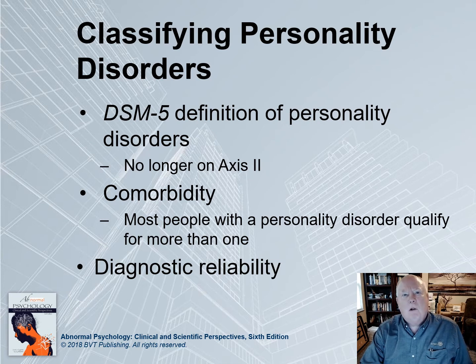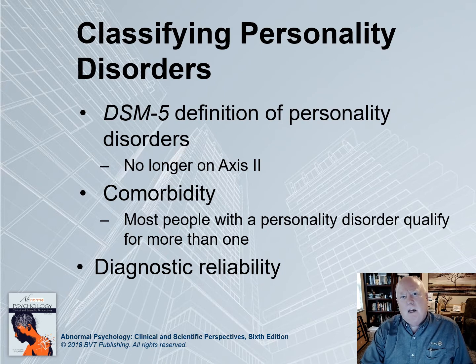Sometimes there are people that qualify for 5 or 6 personality disorders to get that average of 3. That's called comorbidity, and it's an issue that concerns diagnosticians a lot, why there should be so much overlap with the personality disorders. We certainly have comorbid Axis 1 disorders. It's very common, for example, to have people who are anxious also be depressed, but not at the level that we see with personality disorders.